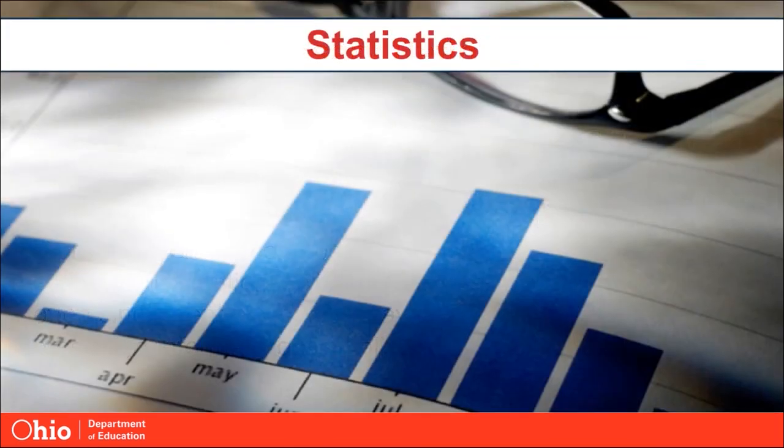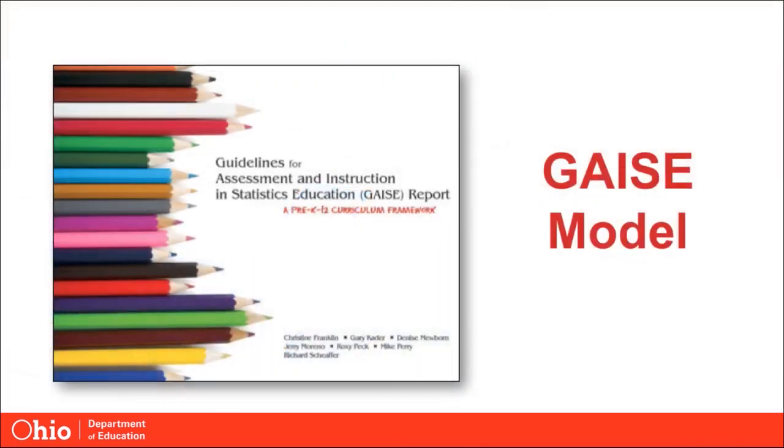Middle school statistics was one of the areas that was most affected by the revisions. Revisions to the statistics and probability domain reflect the development of a framework for statistical problem solving. Concepts were moved to different grade levels, language was clarified, and the framework skills were reinforced throughout grades 6 through 8.